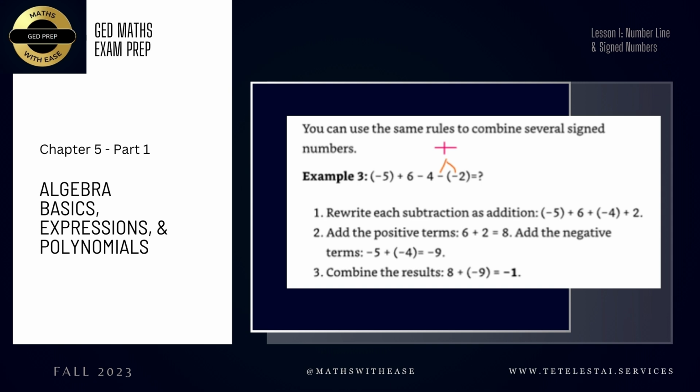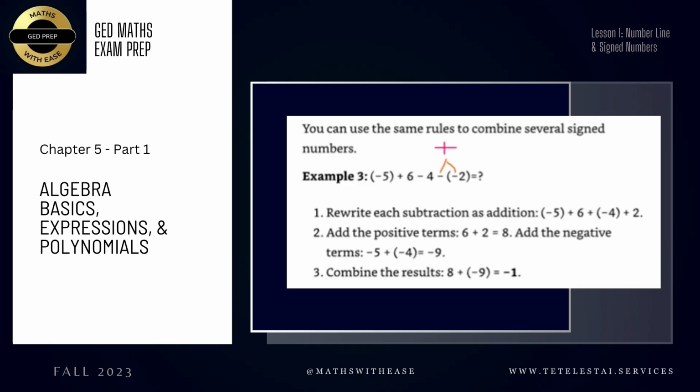Group the positive numbers. 6 is our first positive number, and our second positive number is going to be this 2. Why? Because there's two negative signs right next to each other, okay? So 6 plus 2 is 8. Then you want to group your negative numbers. We have -5 and we have -4.